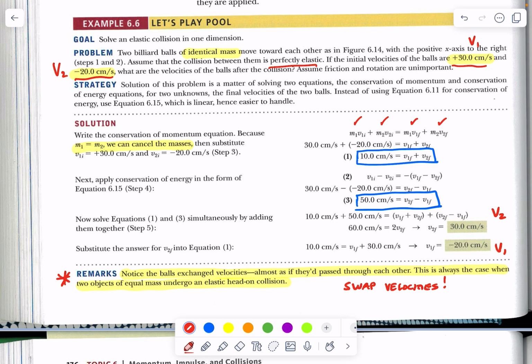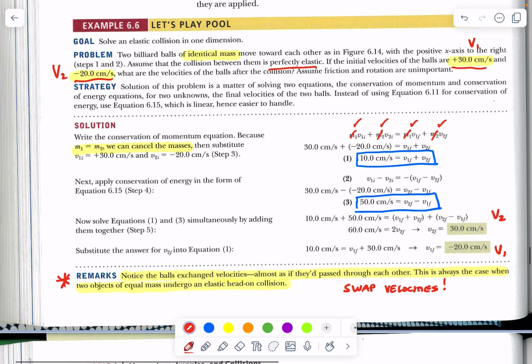And so when we plug our numbers in, after we cancel out the masses, because the masses are all the same, we see that the sum of the speeds of the 2 balls is 10 centimeters per second.